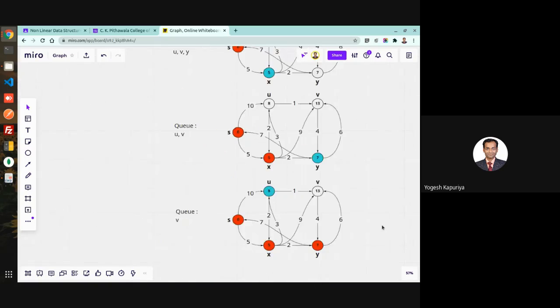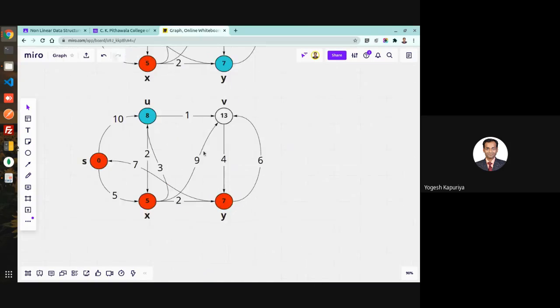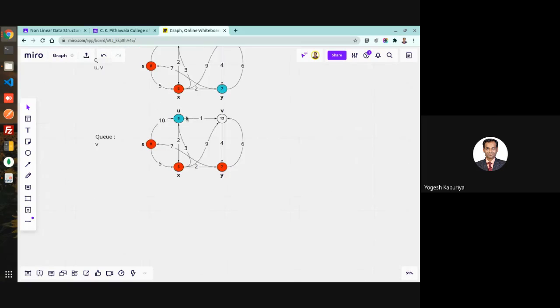Okay, fine. Now, which are the adjacent vertices of U? There is one, right? Outgoing edge U to V. Another outgoing edge, this one. So there are only two outgoing edges from U. So first let us take this.